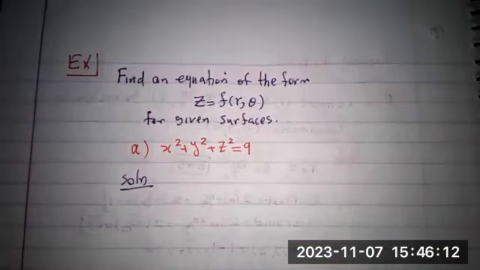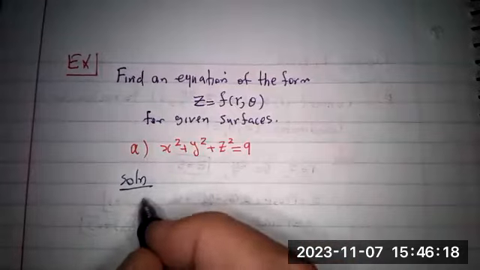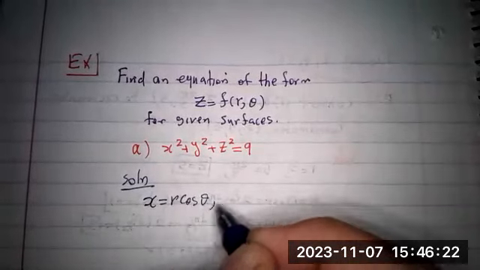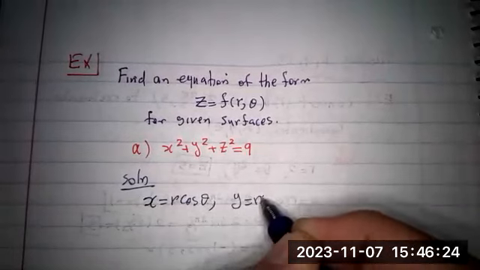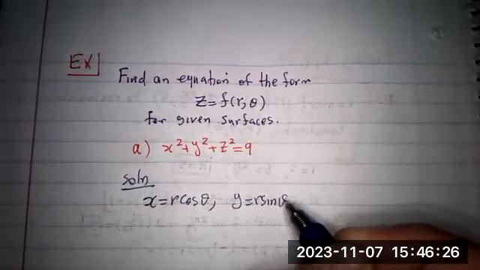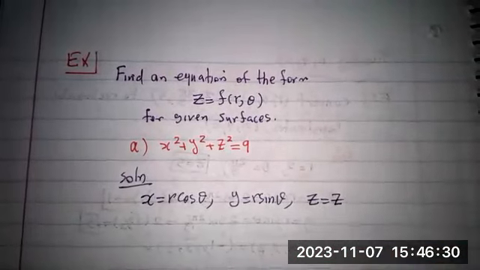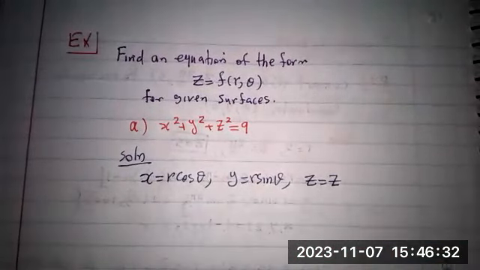For X, R cosine of theta. For Y, R sine of theta. But remember, the Z is Z. You're not going to change the Z because this is the cylindrical coordinate, okay?